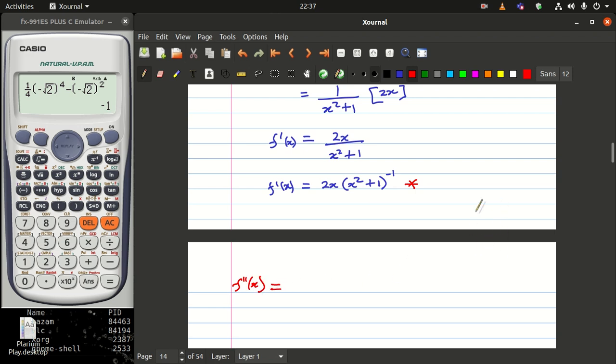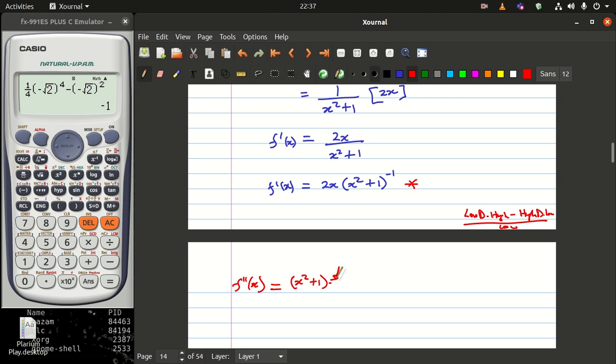Remember what we said: low d high minus high d low, over low squared. So we have low, so we take the denominator as it is, x squared plus 1, times the derivative of the numerator.